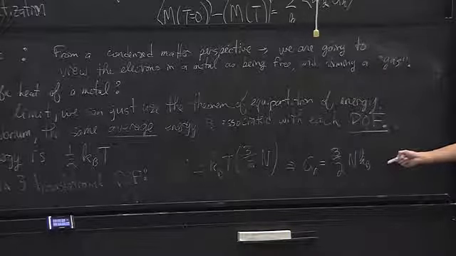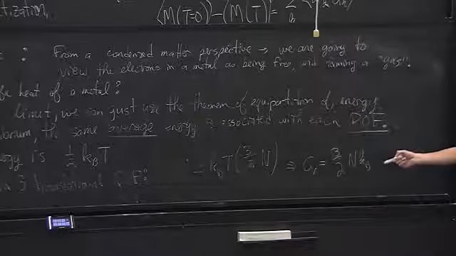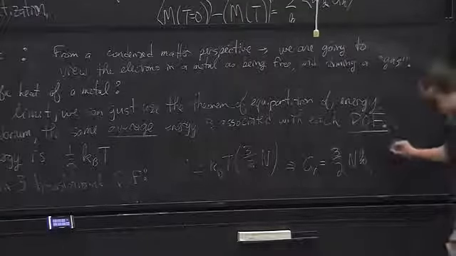And you've seen that before, up to some factor, because you have to be more careful how you count the degrees of freedom. But up to some factor, this is just the high temperature estimate for the specific heat that I gave you for phonons. So that's Dulong and Petit.